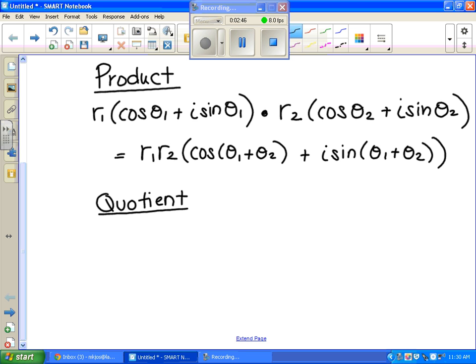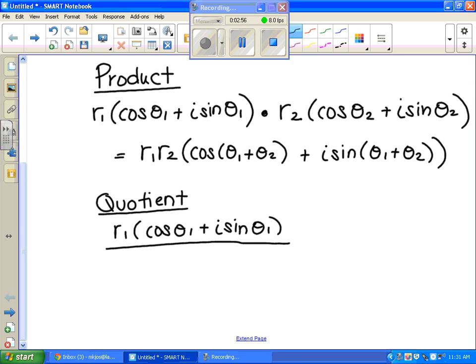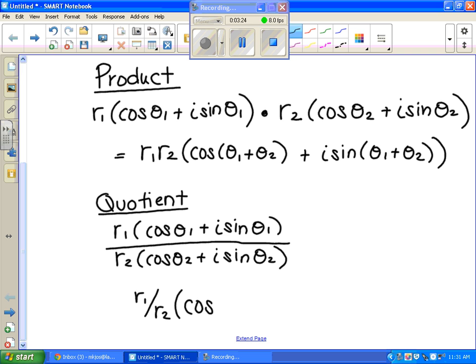And the formula says, if you have R1 cosine of theta 1 plus I sine of theta 1, and you divide it by R2 cosine of theta 2 plus I sine of theta 2, if you are dividing 2 complex numbers in polar form, all you do for your answer is you divide R1 by R2, and for your angles, you're going to do the cosine, and you're going to subtract the 2.